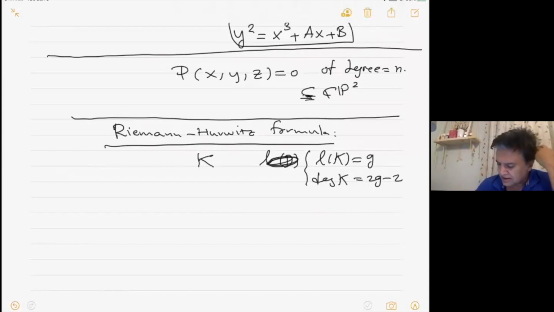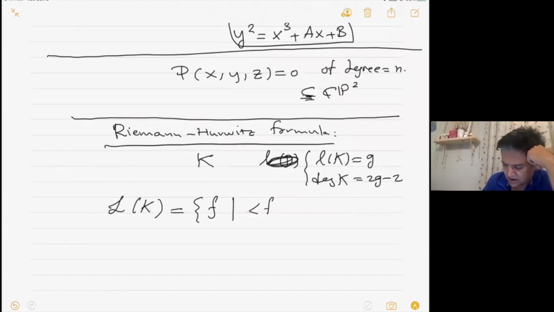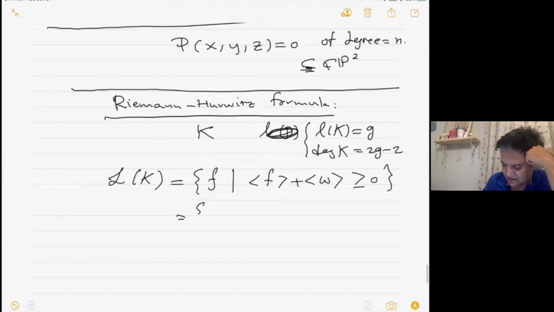To do this, let me first try to understand what is L of K. So L of K is the functions f such that divisor of f plus divisor of omega is bigger than or equal to 0. So this means that functions f such that divisor of f is bigger than or equal to 0.